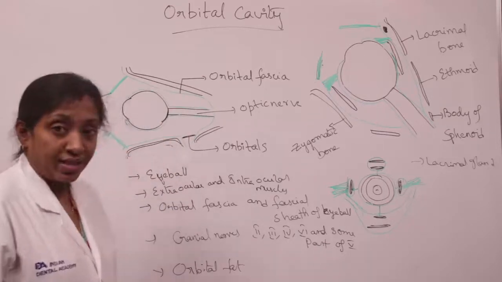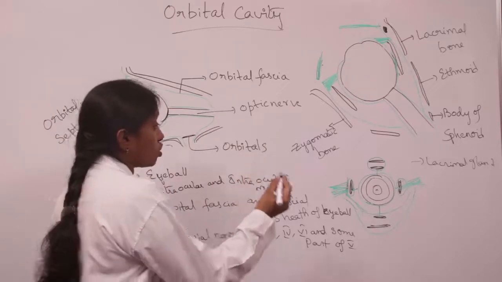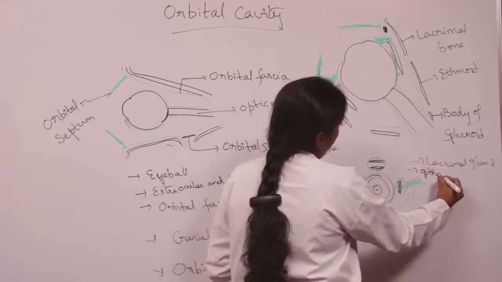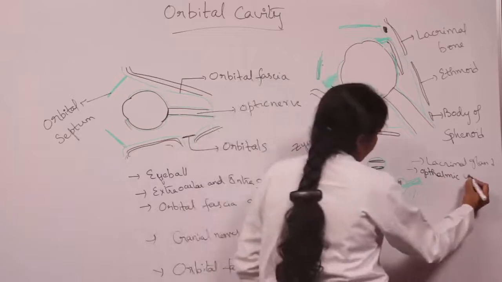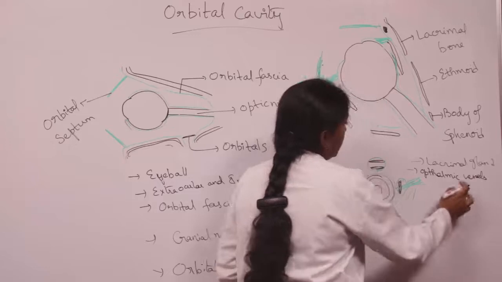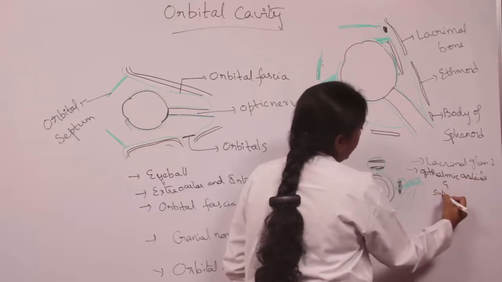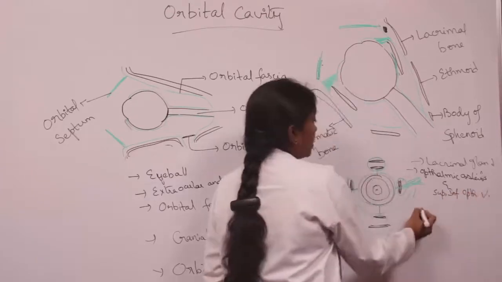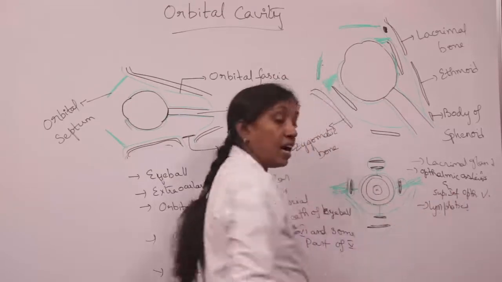Along with the cranial nerves we have the ophthalmic artery, the superior and inferior ophthalmic veins, and some lymphatics are also present in the orbit.